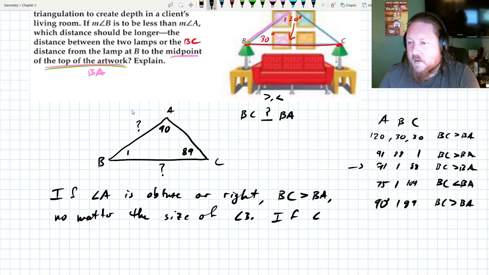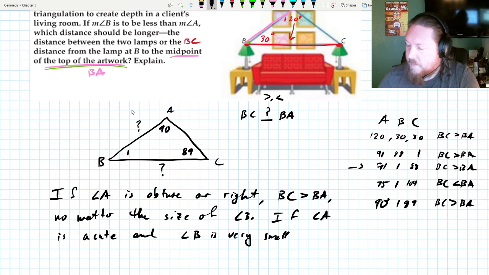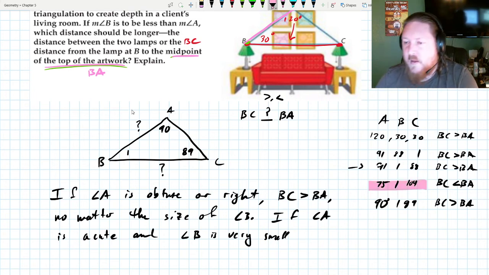If angle A is acute and angle B is very small. Remember, what I'm describing here is this scenario now. Angle A is acute, angle B is very small.